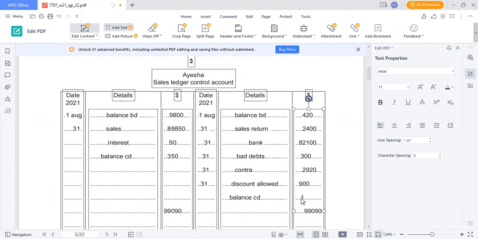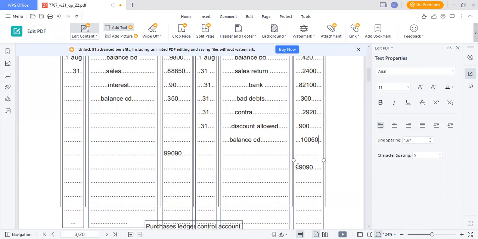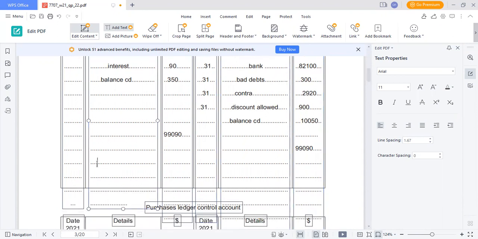That will be 10,050. So balance BD will be 10,050. Balance BD at 1st September will be 350 on 1st September.